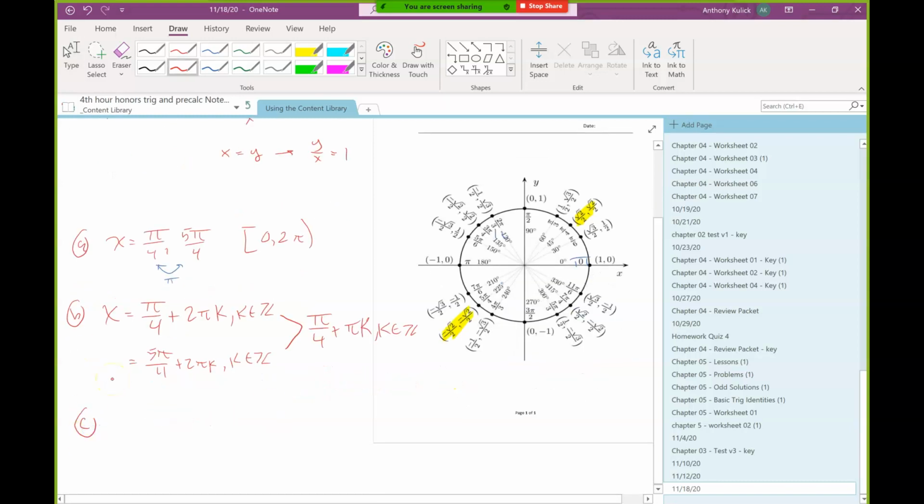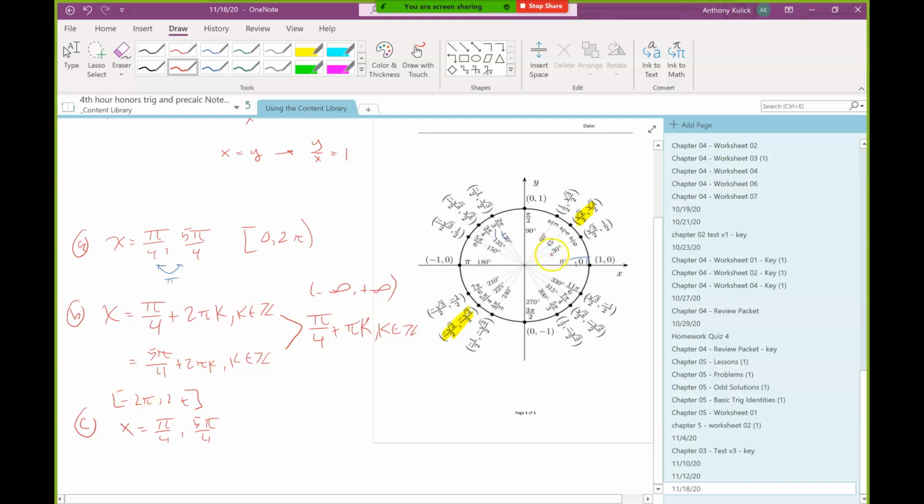For C, we're looking for negative 2 pi to positive 2 pi. So I know that 0 to 2 pi is in that interval, so my answers for part A are still going to be answers for part C. But I also need to worry about the stuff from negative 2 pi to 0.